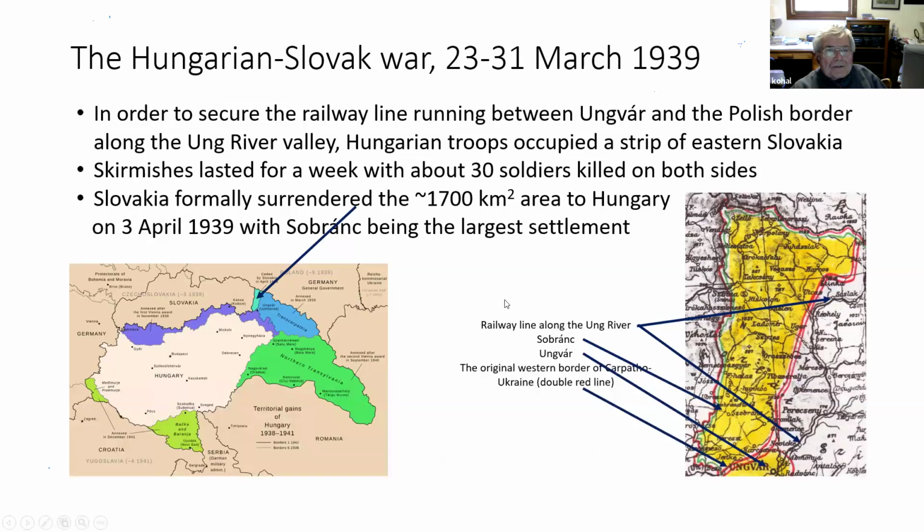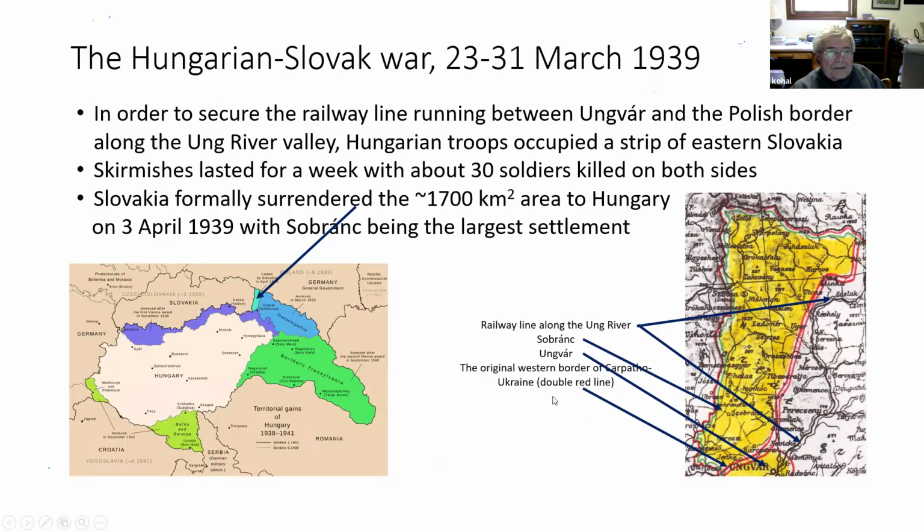The Slovak-Hungarian War was fought over territory in order to secure the railroad line between Ungvár and the Polish border. And that's the little inset that I have on the lower right corner, which shows the railroad line running pretty close to where the actual border was at the time.